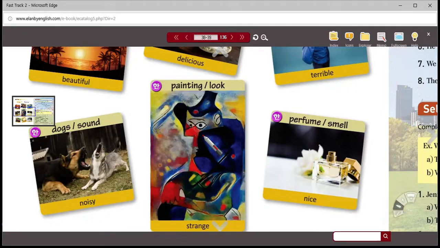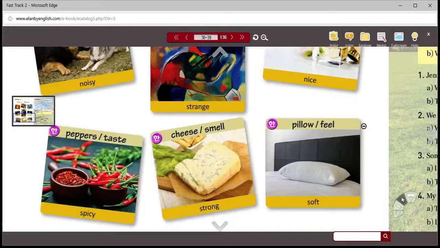The fifth picture. How does the painting look? It looks strange. I think Cubist paintings are strange. All right, the sixth picture. How does the perfume smell? It smells nice. Okay, the next one.